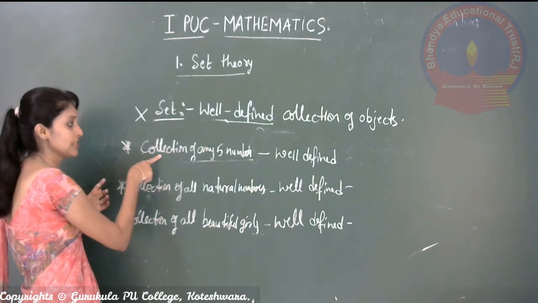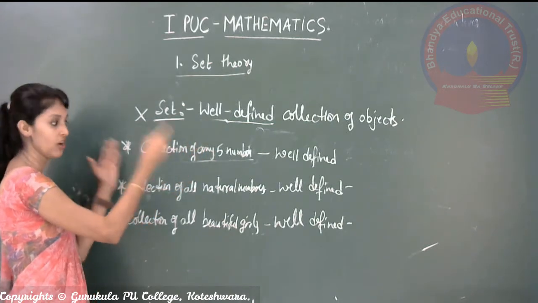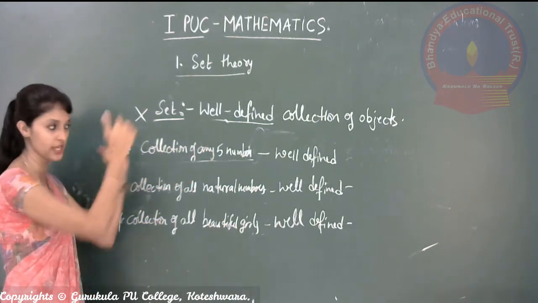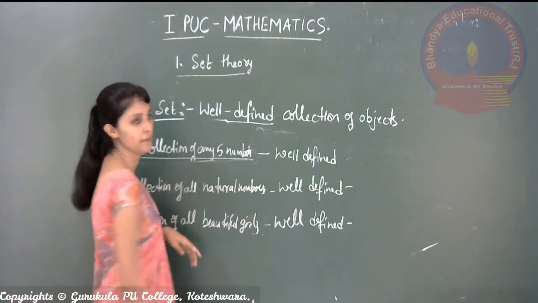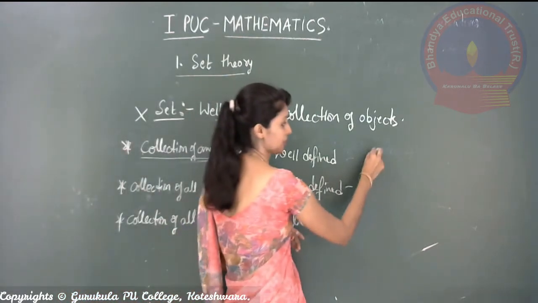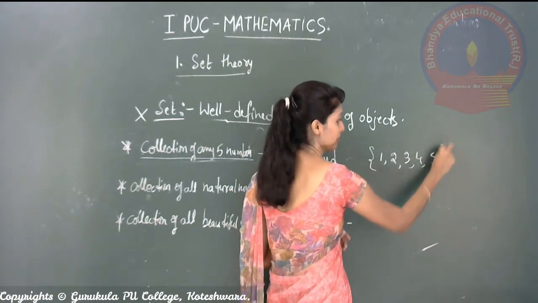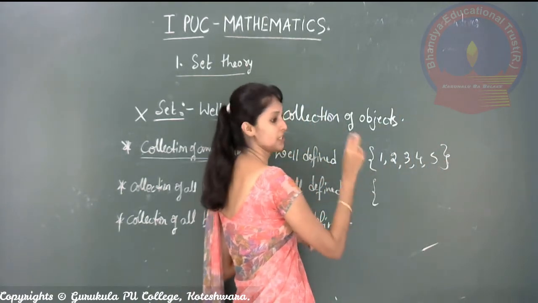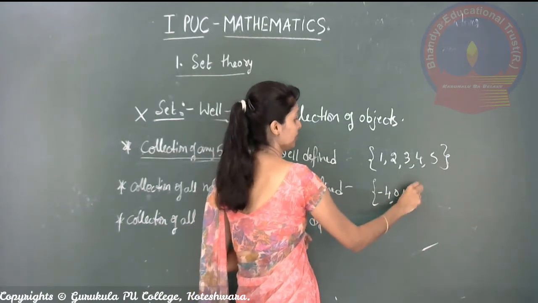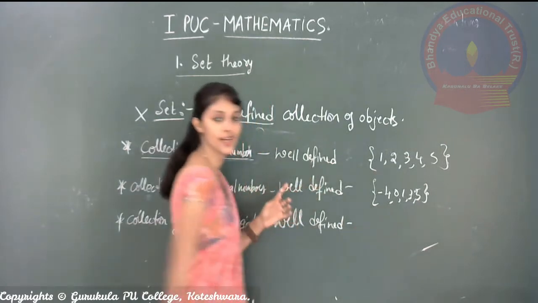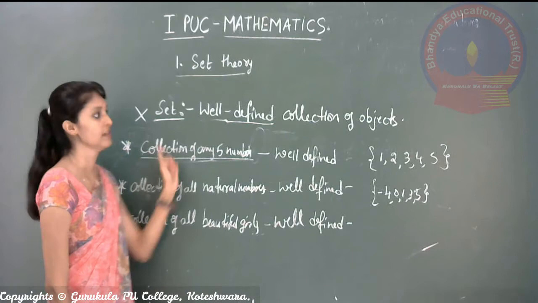For this particular sentence, after I list, I should get the same group of objects. Now for collection of any 5 numbers, if I ask the first person, he or she can tell me 1 2 3 4 5. If I ask the second person, he or she can tell me -4 0 1 3 5, and so on. As the person varies, this collection will change.